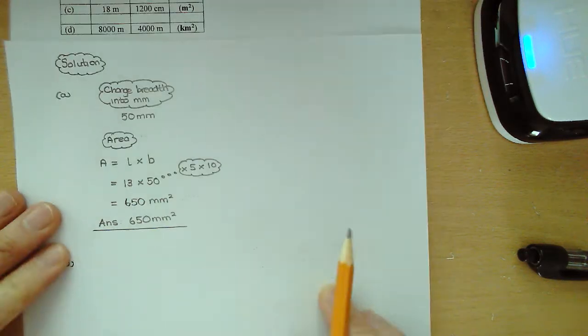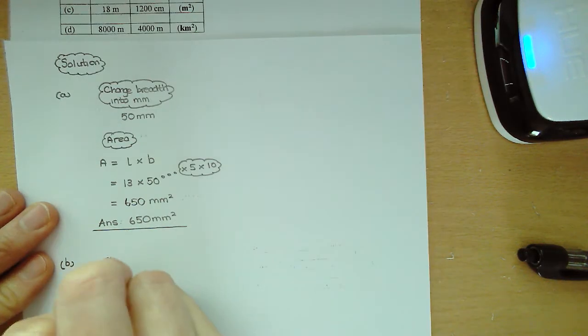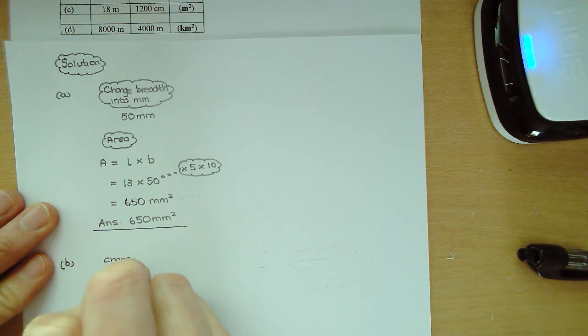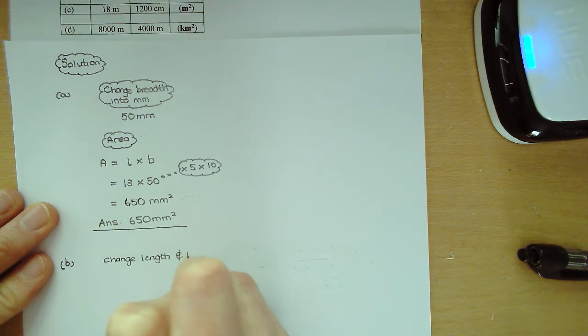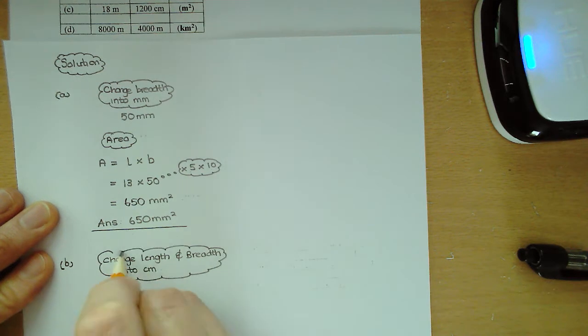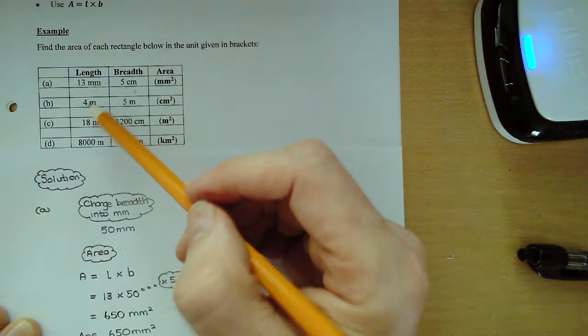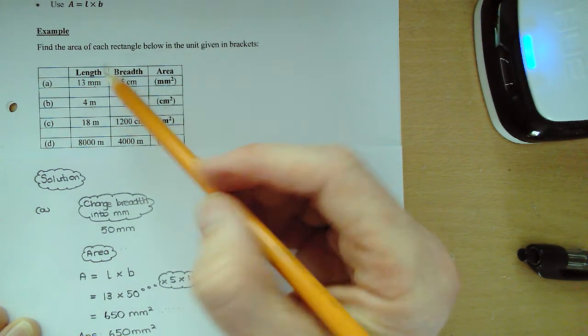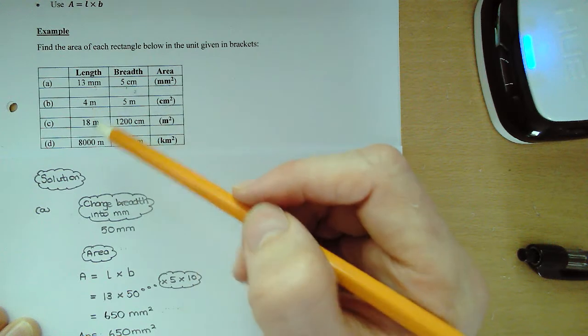So we're going to have to change length and breadth into centimeters. Now, the length and breadth are both in meters, so we're changing from meters into centimeters.